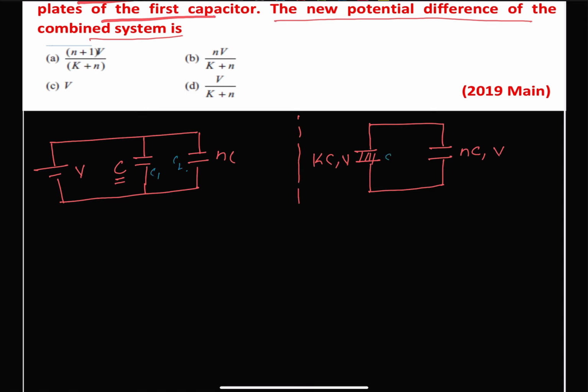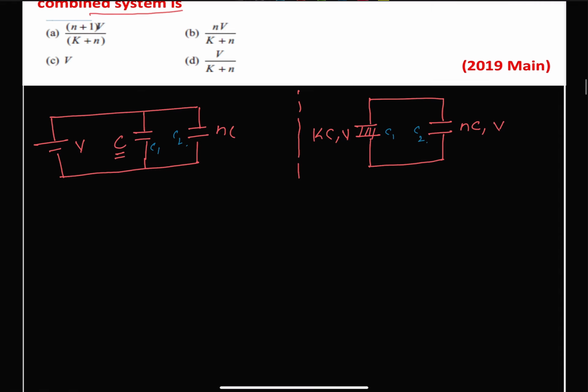So this will be C1 and this will be C2. So this is our initial condition and this is our final condition.